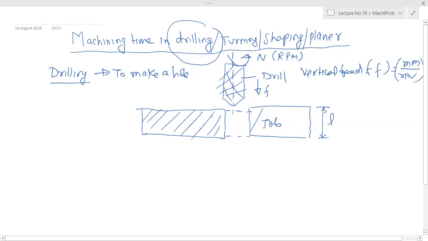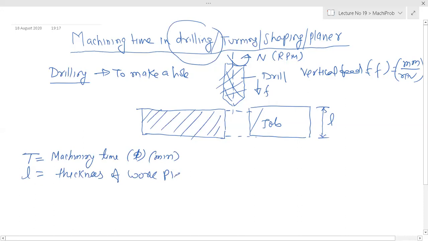Suppose L. So what is the machining time? How much time is required to make this hole? So T is the machining time, in minutes. L is the thickness of the workpiece, in millimeter.